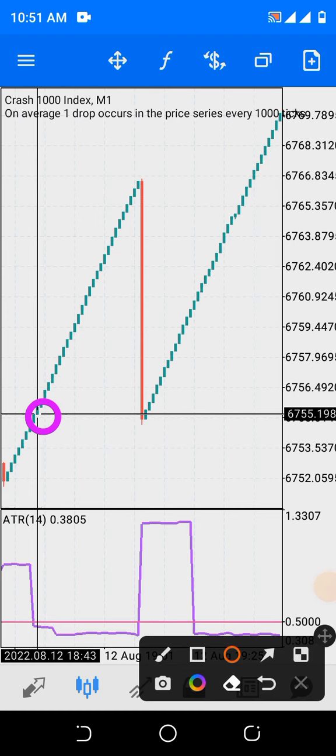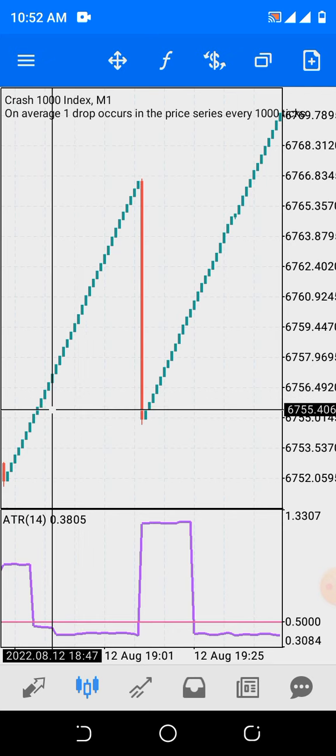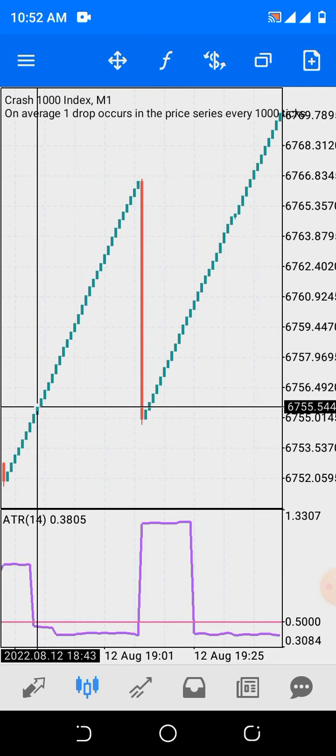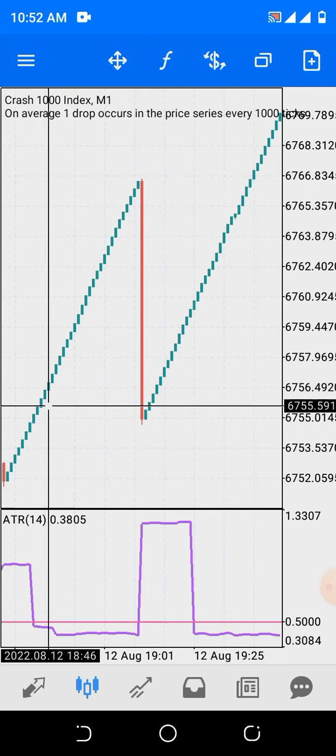And do what? Take 5 green candles. If you enter your trade here, you count 1, 2, 3, 4, 5, and you take a profit.